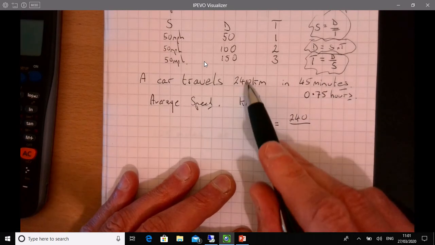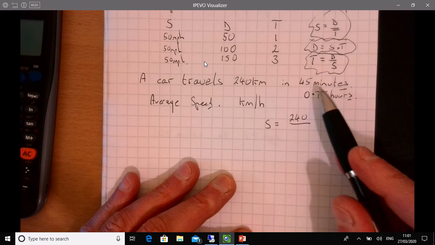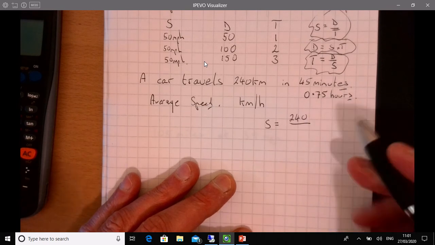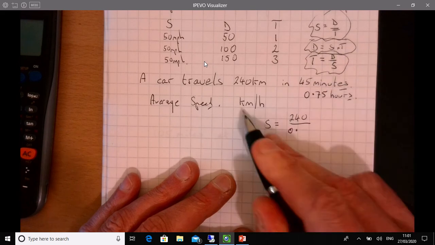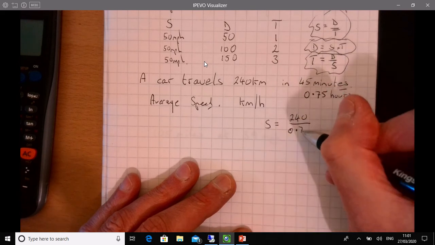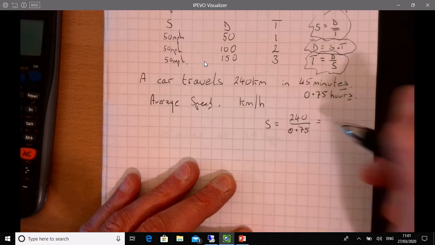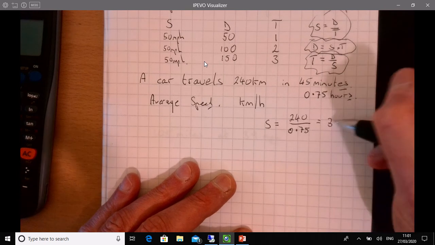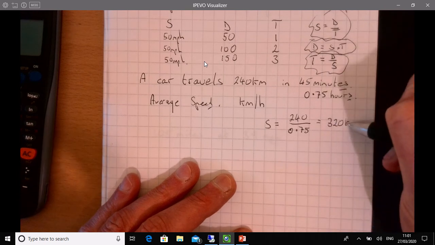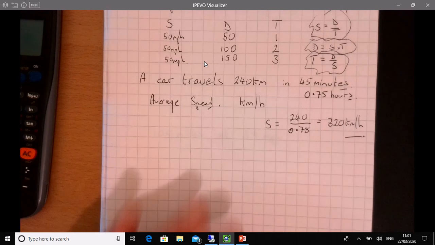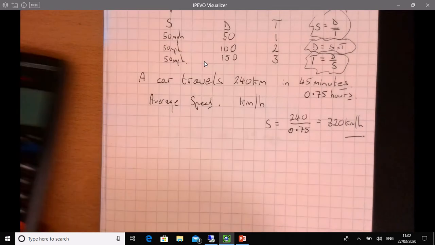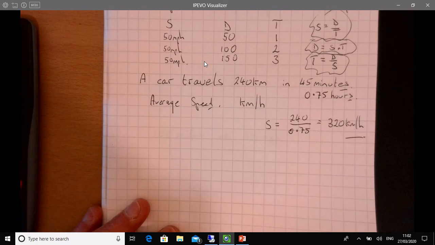But normally the distance bit isn't a particular problem, it's the time. The time is the bit where people make mistakes. So if I want kilometers per hour, I've just got to do that calculation just there. And that's going to give me 320 kilometers per hour. Okay, feel free to use your calculator, right? I've got my calculator at standby here, but obviously you can use your calculator there.